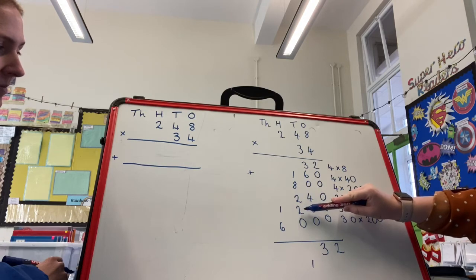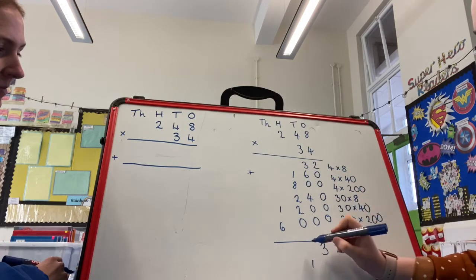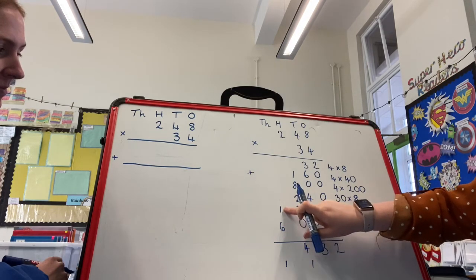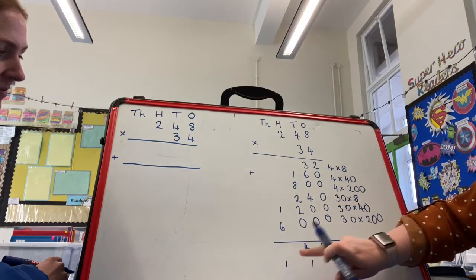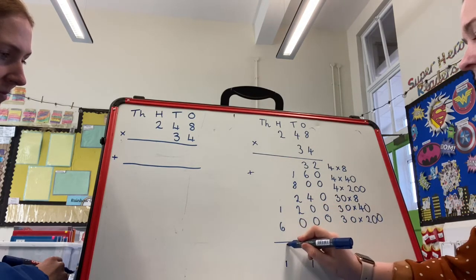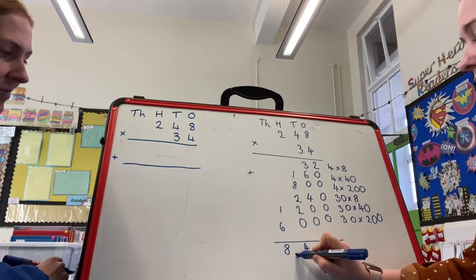Add 2 is 12. Add 1 is 13. Then I've got my 14. 6 add 1,000 add 1,000. 6, 7, 8,432.